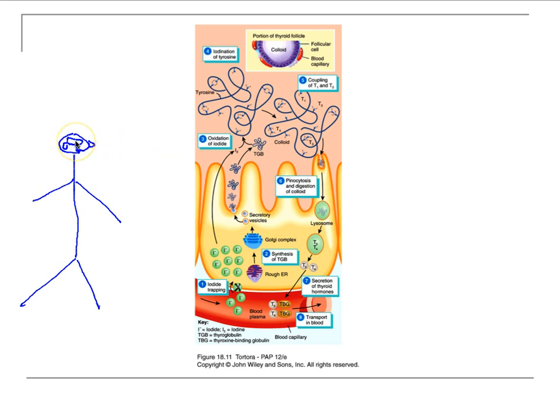So we have, if we need T3 and T4 inside the bloodstream, right? We need T3 and T4 here.